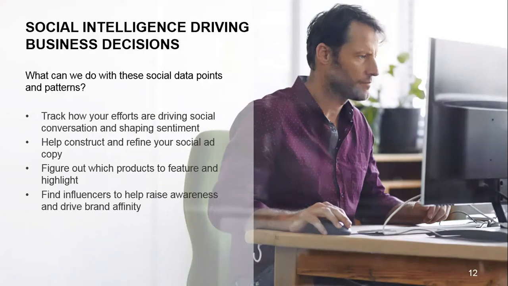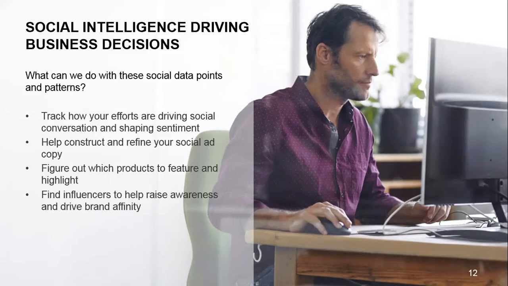The third bullet point on here is figuring out which products to feature and highlight. This is, again, going back to merchandising management. It doesn't matter if you're selling toilets at Home Depot or books on a virtual audio shelf, such as audible.com. It's about tracking what products are being spoken about.